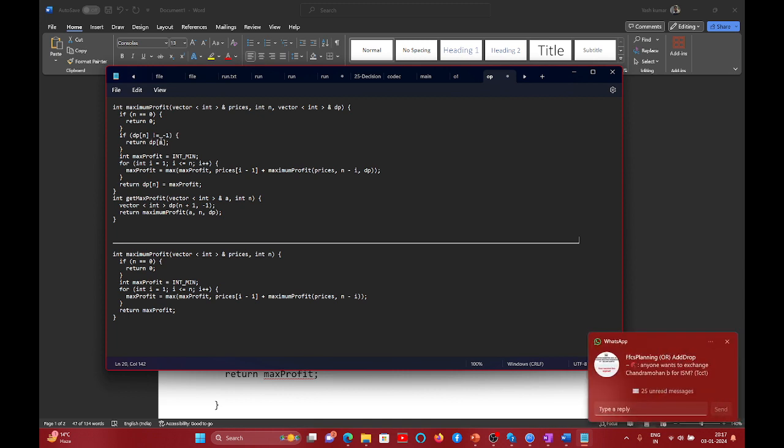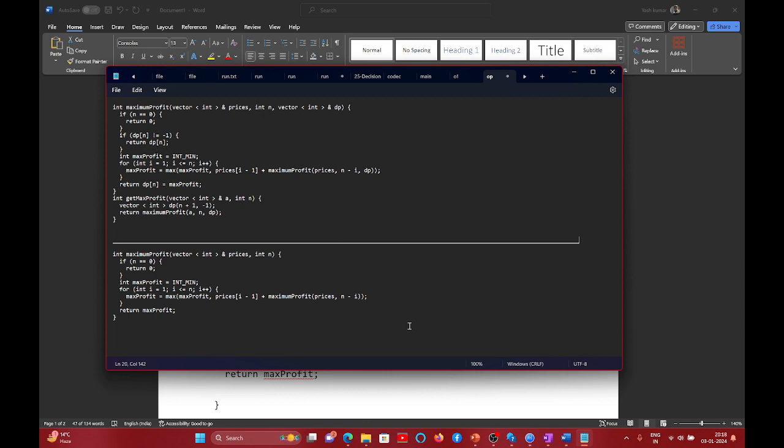If it is not stored, its value would be the default, that is -1. But if it is not -1, it means that we have already solved this problem and we will directly use that value. So if it is not -1, return that value directly. But if it is -1, then just compute it like before and then store it in our array.